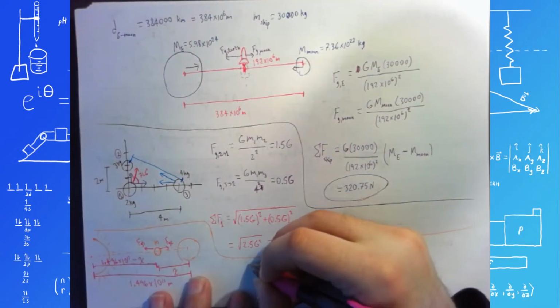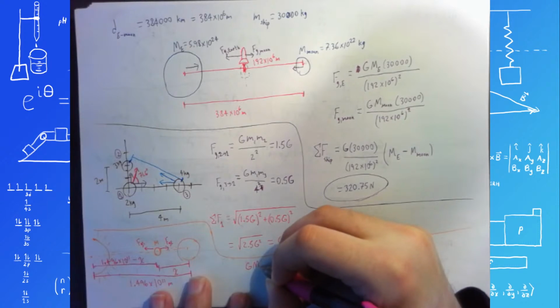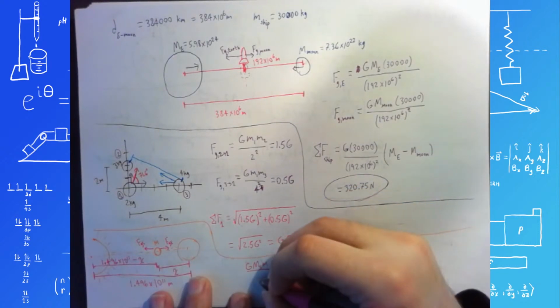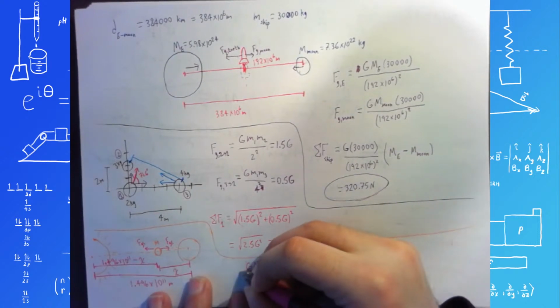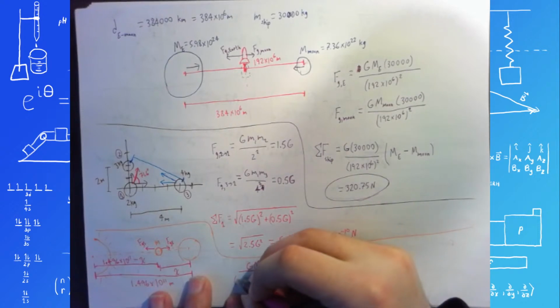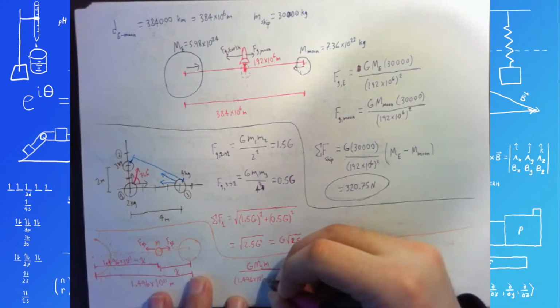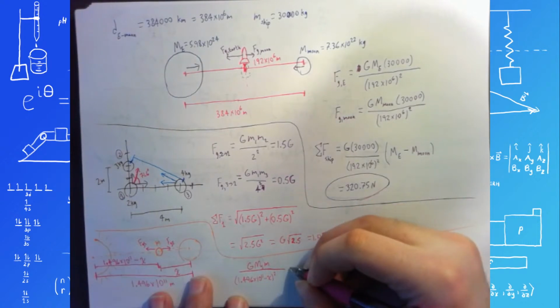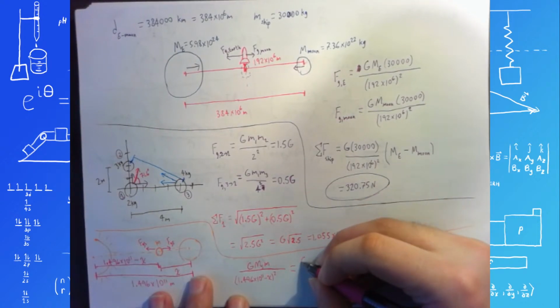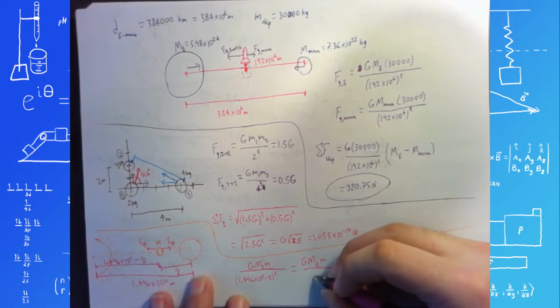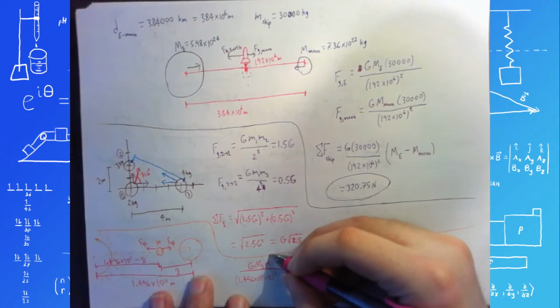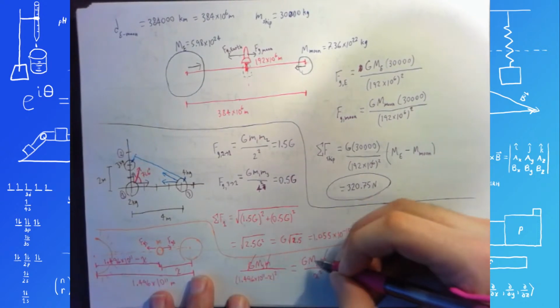So big G, mass of the Sun, mass of the object, over (1.496 times 10 to the 11 minus x) squared has to equal big G, mass of the Earth, mass of the object, over x squared. The mass of the object cancels out, the big G cancels out.